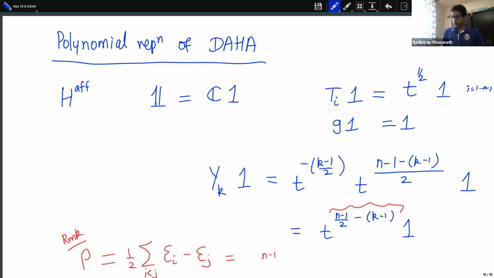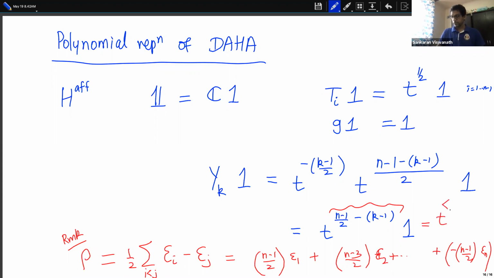So (n minus 1)/2 is the coefficient of epsilon 1. Then you go (n minus 3)/2, epsilon 2, and so on. The last one is minus (n minus 1)/2, epsilon n. So the vector rho of GLn has exactly these as its coefficients. So if you wish, this is nothing but rho evaluated at epsilon k. Okay, so anyway, that's the trivial representation of the affine Hecke algebra.